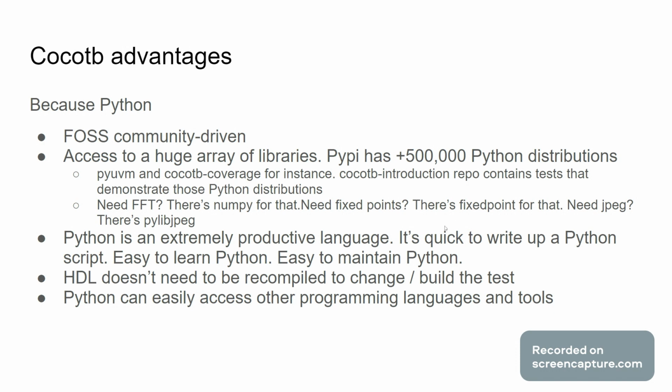Like I know there's a distribution that allows you to get Java into Python. There is pybind for C++ or ctypes, but maybe you really should be using pybind whenever you can. There are so many options, and of course you can even consider cocotb a tool that allows you to get access to HDL within your Python.